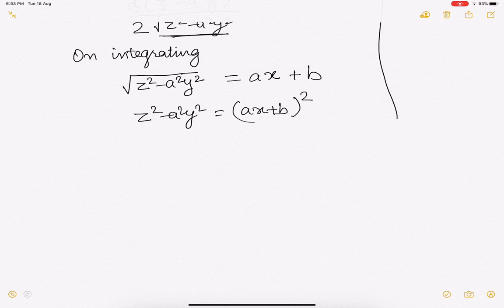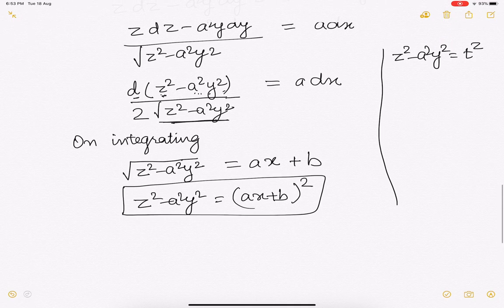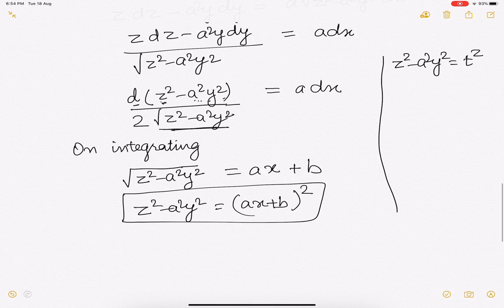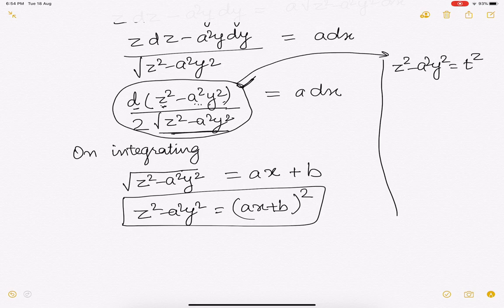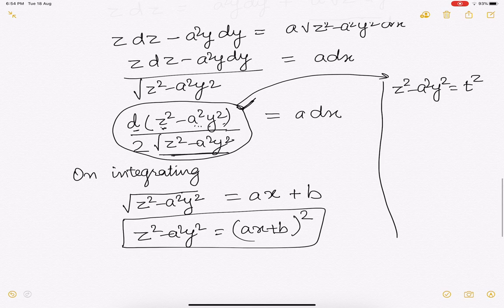So this is our final answer. So this solves this equation. And as far as integration of this term is concerned, students, you have to take z square minus a square y square is equal to t square. This is the hint.